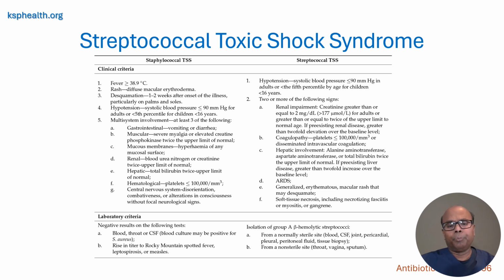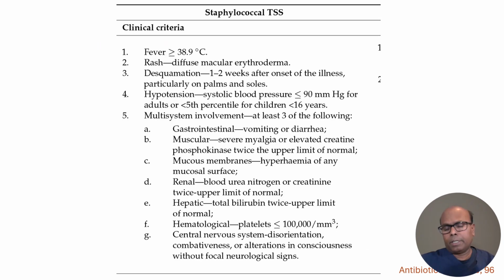Streptococcal toxic shock syndrome, and again, one should distinguish Staphylococcal toxic shock syndrome and Streptococcal toxic shock syndrome. Since we are going to talk about Streptococcal toxic shock, let's review Staphylococcal first, and subsequently Streptococcal TSS. Staphylococcal TSS usually has fever more than 38.9 centigrade.